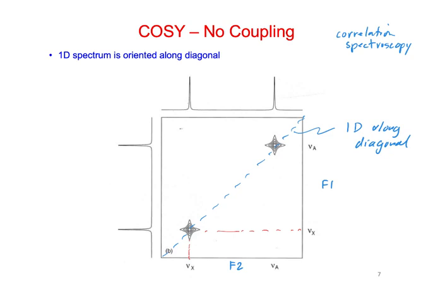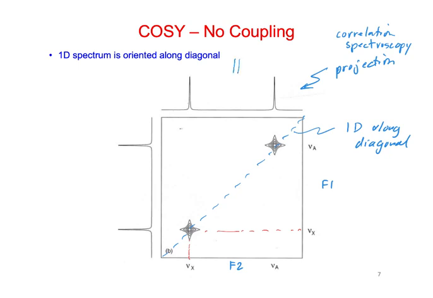The other thing is that typically these spectra that are drawn on each side were called a projection. The projection is what we see when we look at the spectrum from the side.